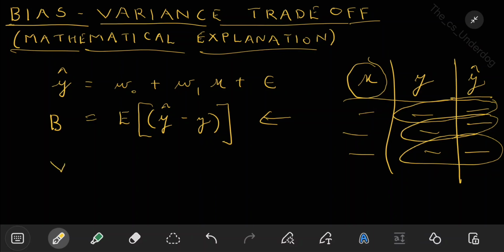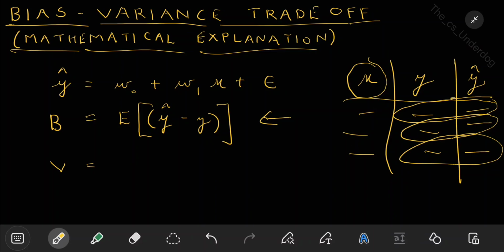And what about variance? Variance, we already learned, measures how much the predictions for a given data point vary across different training sets. In fact, not for a given data point, for the whole data, if you see across different training data sets, how do they vary? That is the variance. How do you calculate variance?